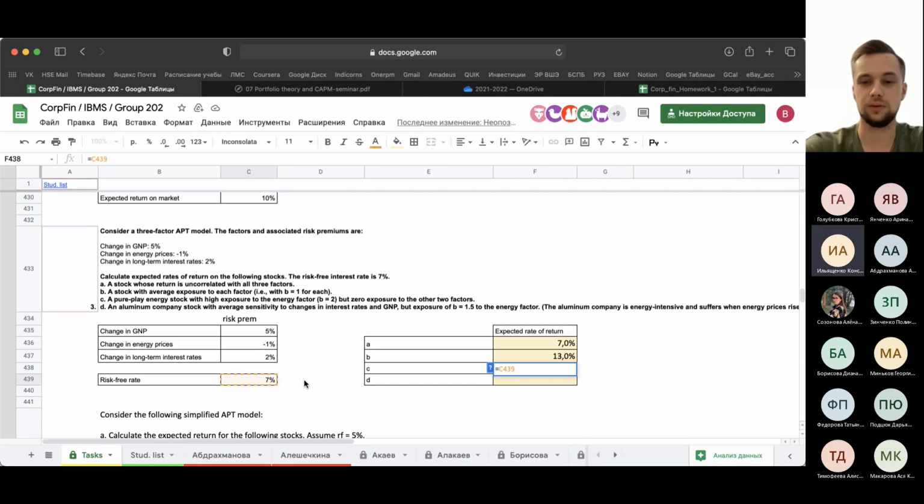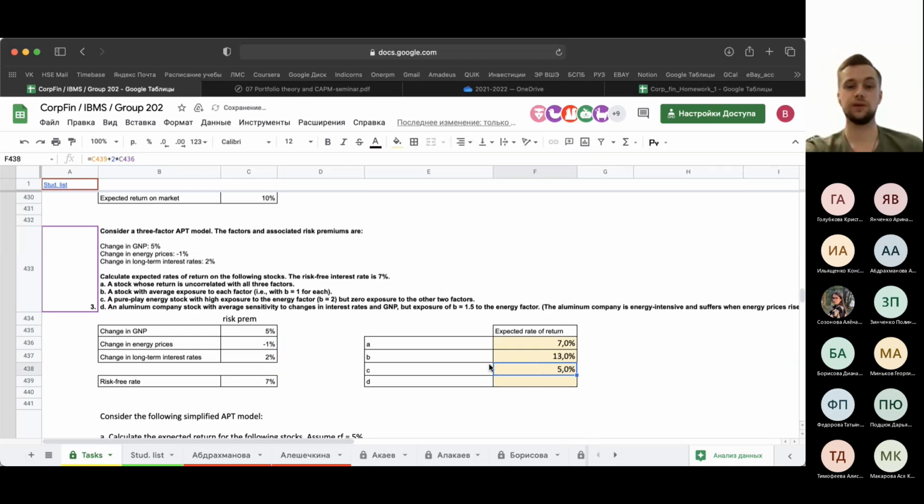Okay, so we just sum the risk-free rate and energy multiplied by 2, and the others will be the same. But we have zero exposure, no? So zero beta. Yeah, you're right. So it will be 5%. We see that the risk premium for change in energy prices is -1, so we have a lower expected return in this case.